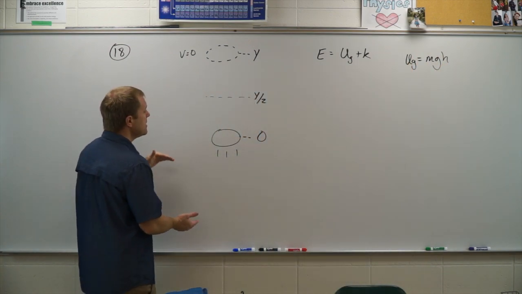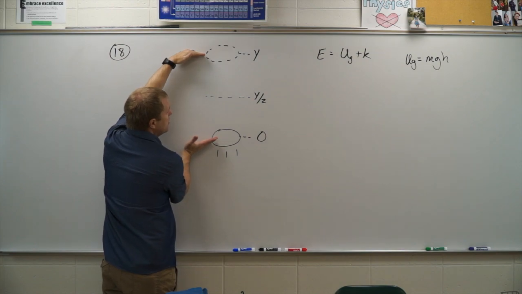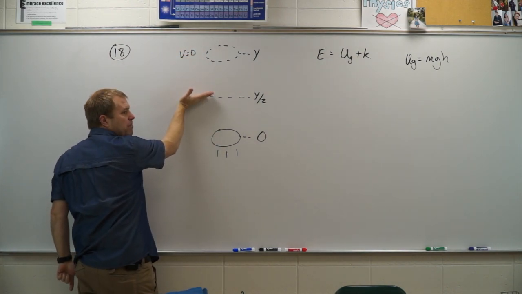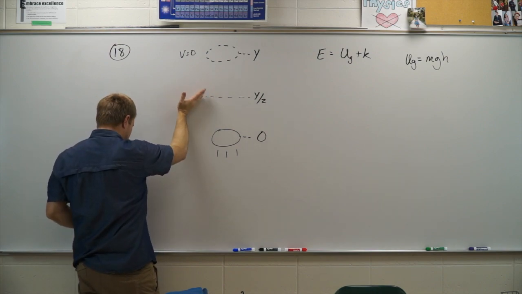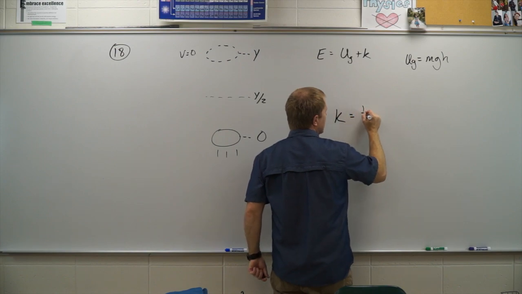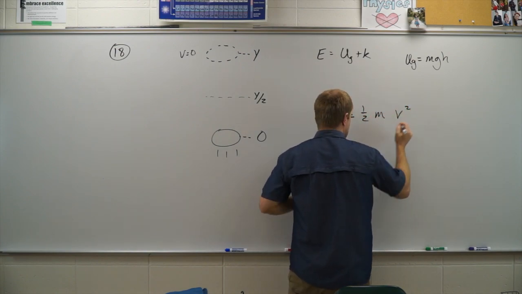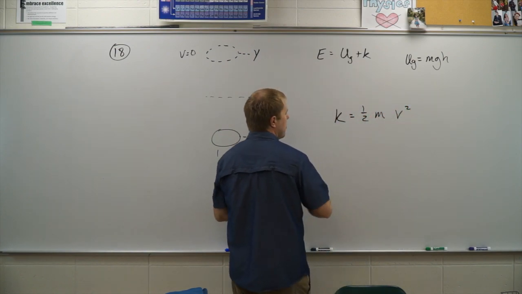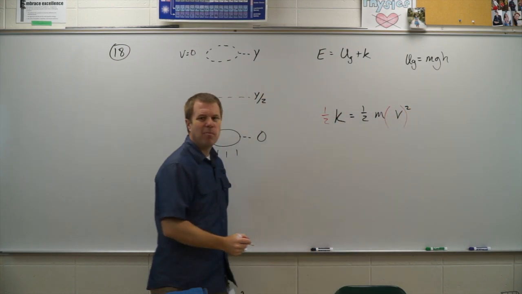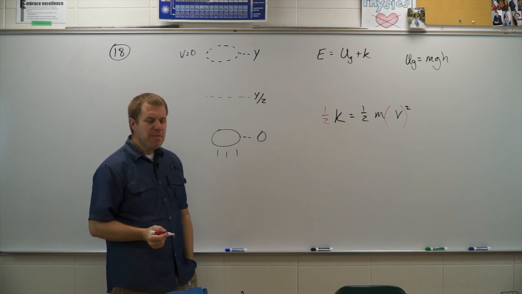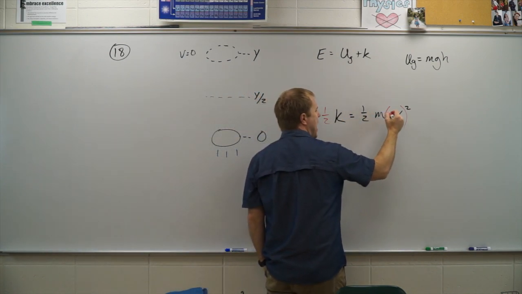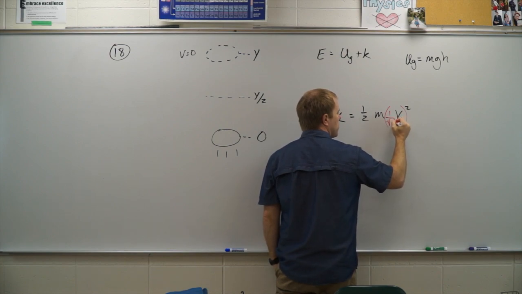So what that means is half of that total energy is in kinetic and half is in potential at this point. So if I go to kinetic energy now and I say kinetic energy is 1/2 mv squared, and I say, all right, I want half of the kinetic energy, what do I need to multiply v by here? Okay, so something squared is going to be a half, so 1 over the square root of 2.